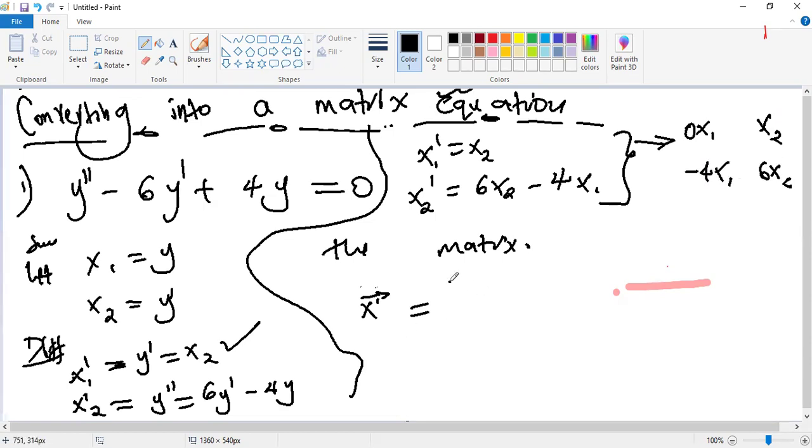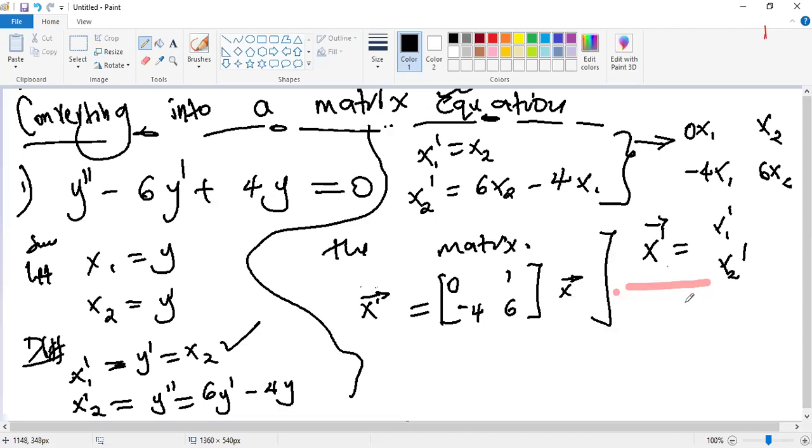So taking the coefficients, I'll have 0, 1, minus 4, and then 6, multiplied by x, which basically stands for x1, x2. Clearly, the x prime bar stands for x1 bar and x2 bar, and the x bar stands for x1, x2. And clearly, if we open this up, then we get whatever we have back. So this is the matrix equation of this particular system.